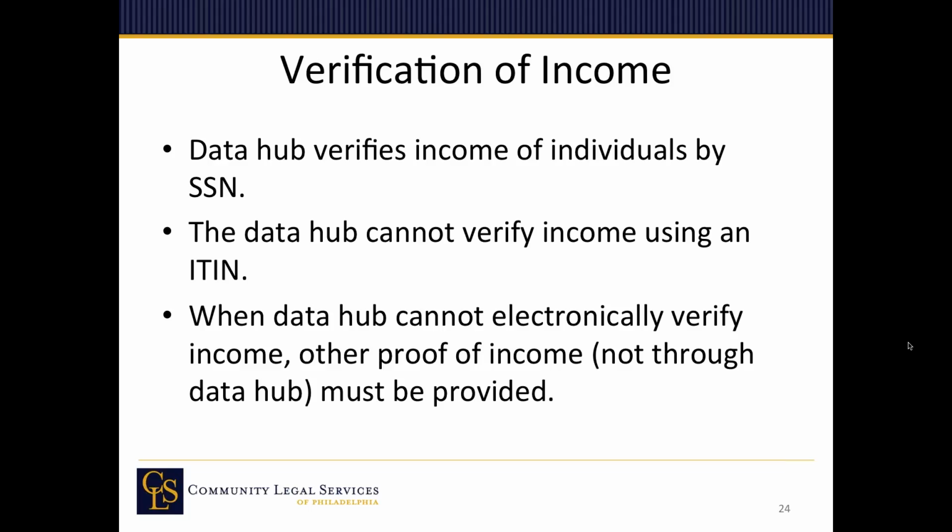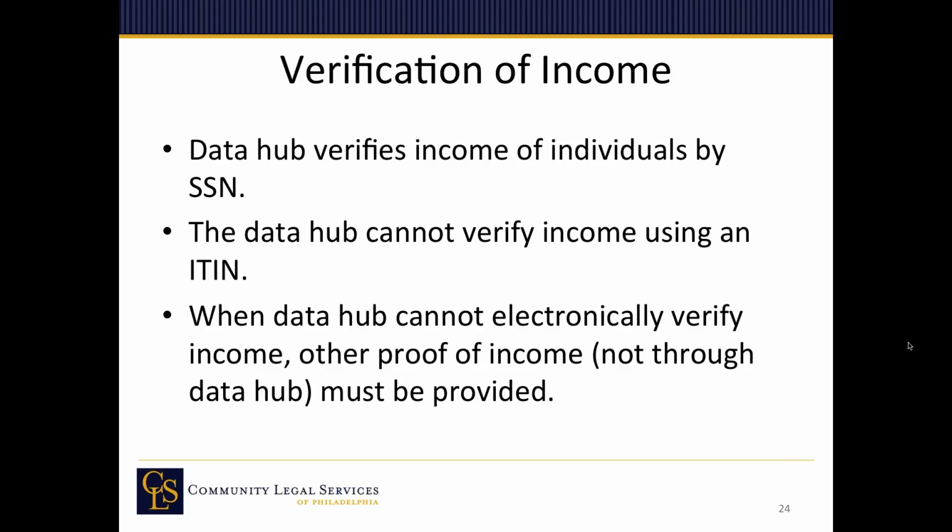Verification of income. Because the marketplace uses this data hub to do a lot of this real-time eligibility work, people without Social Security numbers are less likely to be able to verify their income automatically.